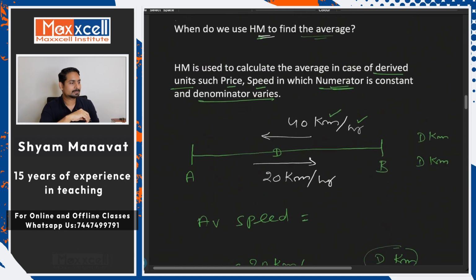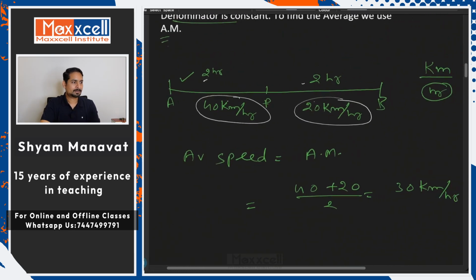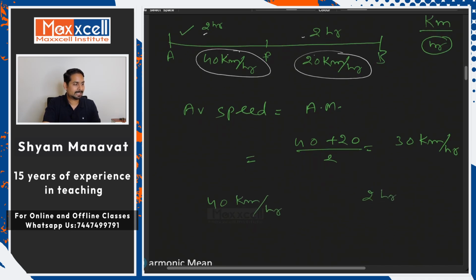Let's see the previous example. With 40 kilometers per hour, you were traveling for 2 hours, and with 20 kilometers per hour, you are traveling for 2 hours, right?